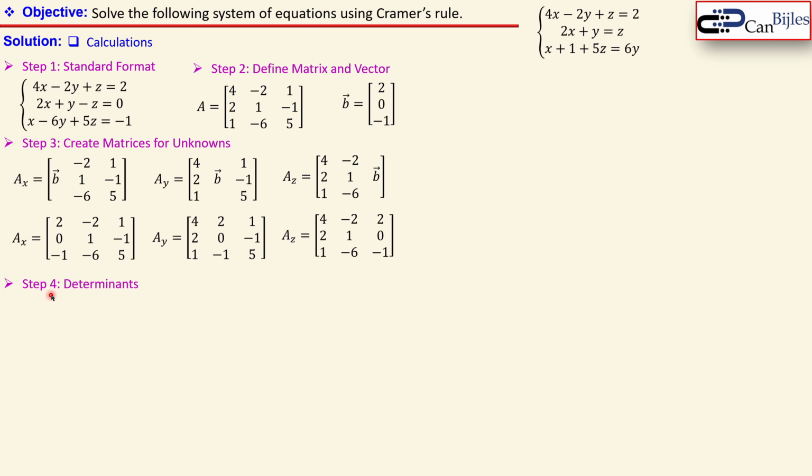Now we need to determine the determinants, which is the way to use Cramer's rule. The determinant of A, which is shown here, can be calculated in many different ways. One way is to follow a row or a column, it doesn't matter, and then select the determinant equation. In this case I use this row, so 4, 2 and 1.